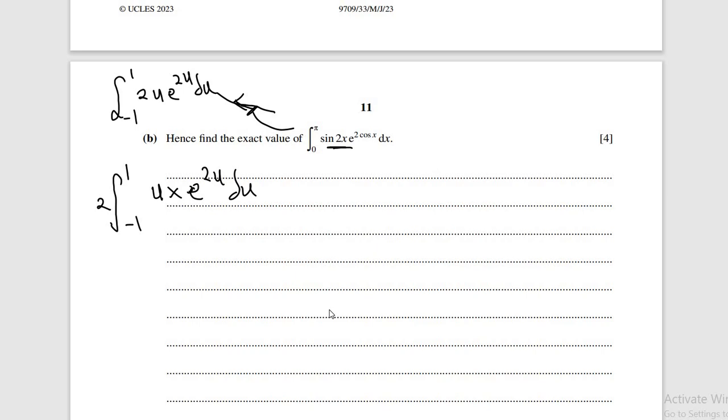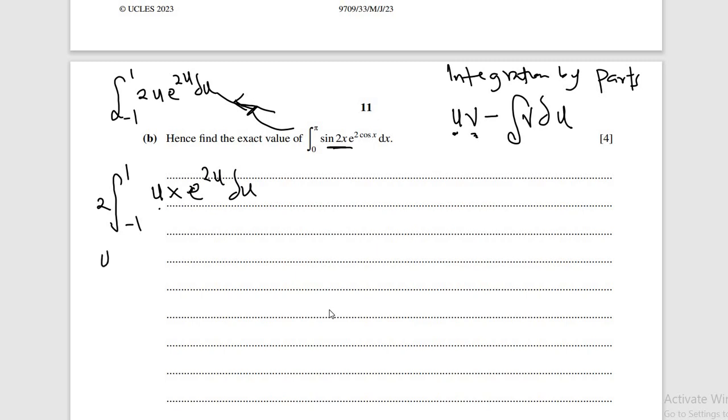So you want to integrate a product of two functions. When you're integrating a product of two functions, you have to use integration by parts. What do you do? uv minus the integral of v du. That's integration by parts. U is the lighter function. V is the kind of complex function. So in this case, fortunately, our u is the lighter function, which is u.